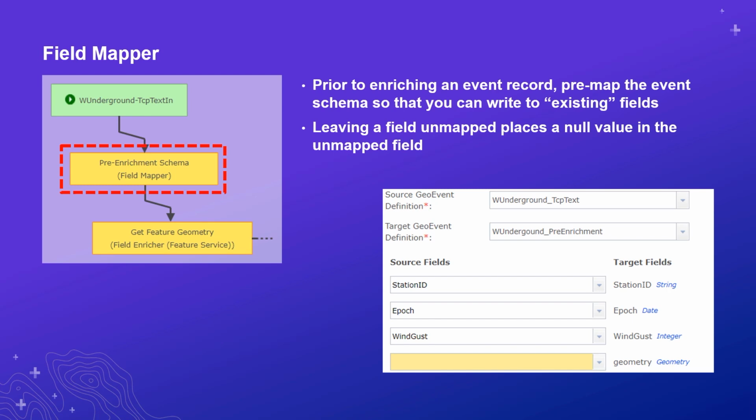If I were to send this event record to the output used to update feature records immediately, I would replace a valid geometry in the feature record being updated with null, and that weather station would disappear from the web map when the map next refreshed its content. I'm not going to leave the geometry null, however. I'm going to use a field enricher to fetch a value for the field.